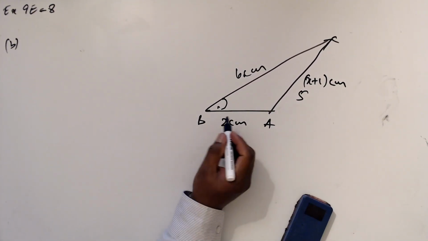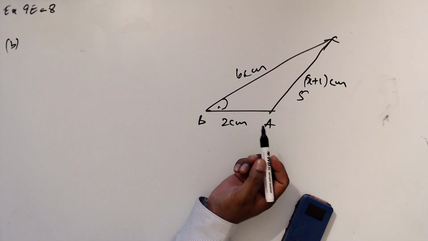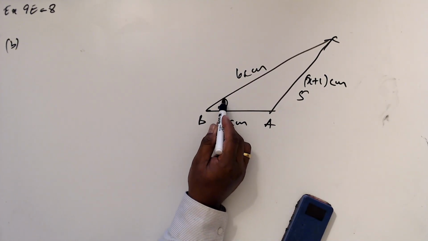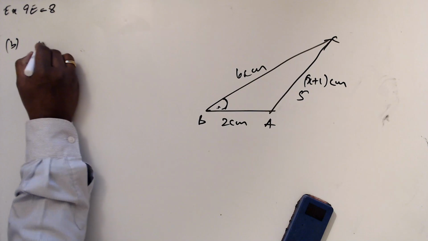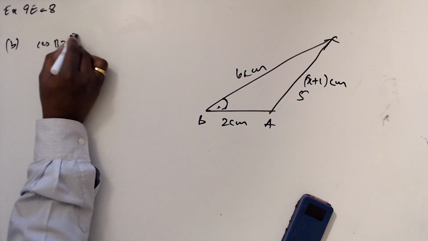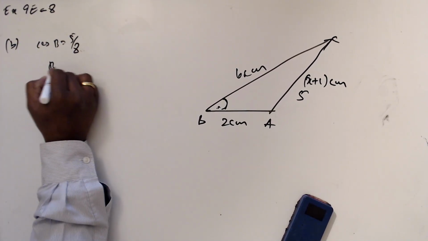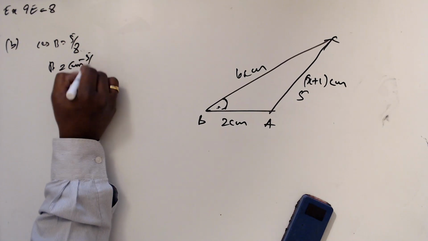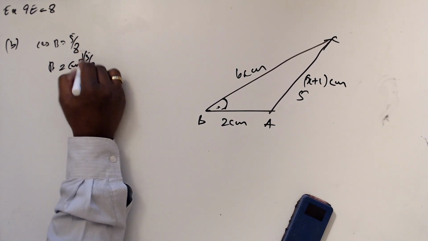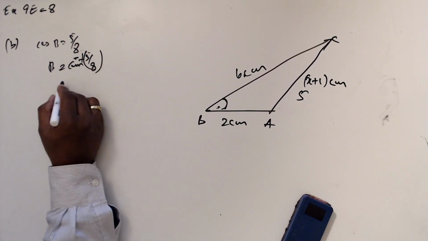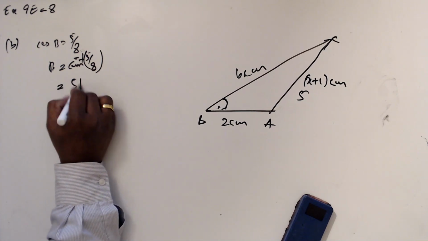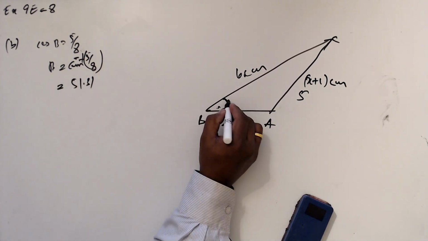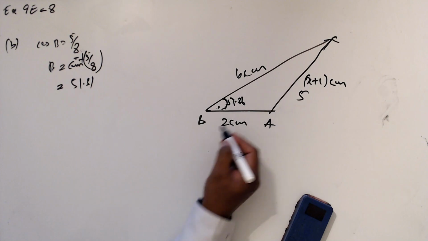And now part B, we need to find the area. We need to know the angle. So we know cos B value, 5 over 8. Then B equals cos inverse 5 over 8, which is 51.31.